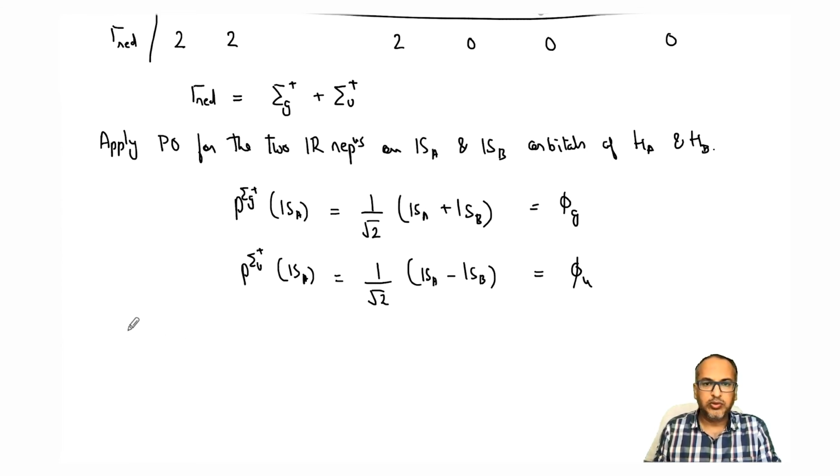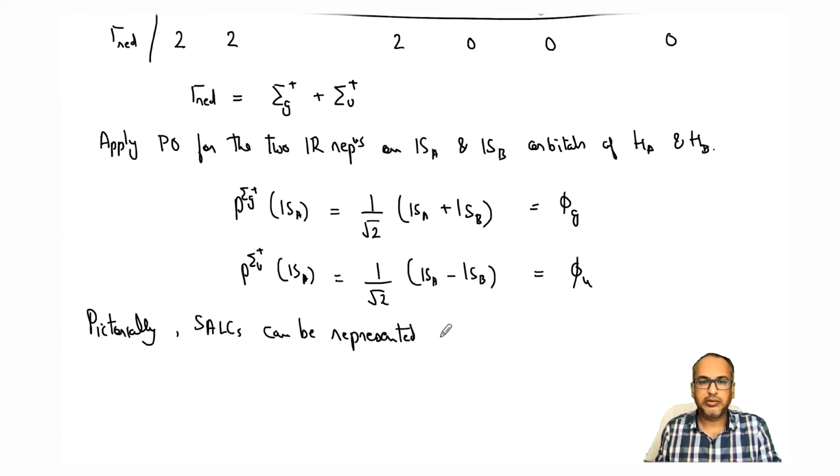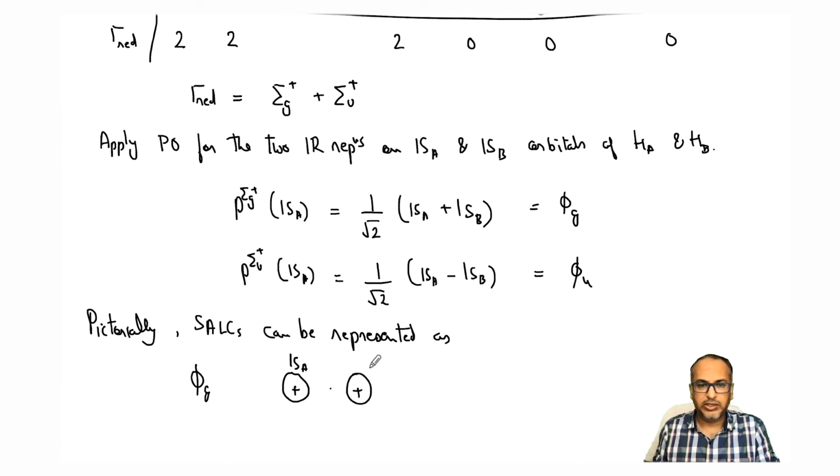All right. Now we can also draw this pictorially, which will be easy to see. The SALCs can be represented as follows. You have φg, which is plus, this is 1sa, combined with plus of 1sb.